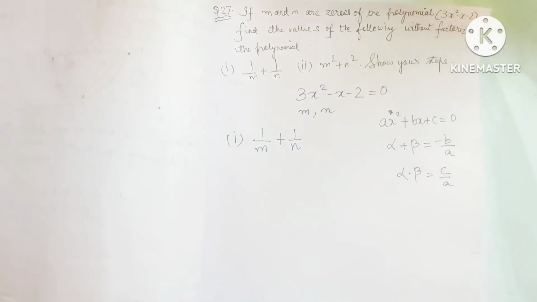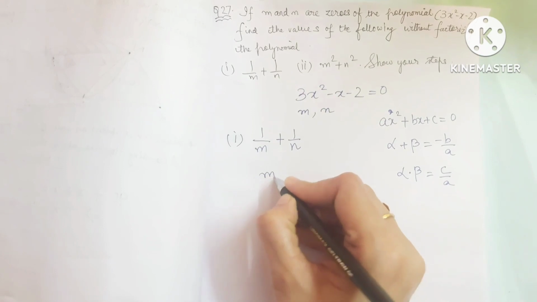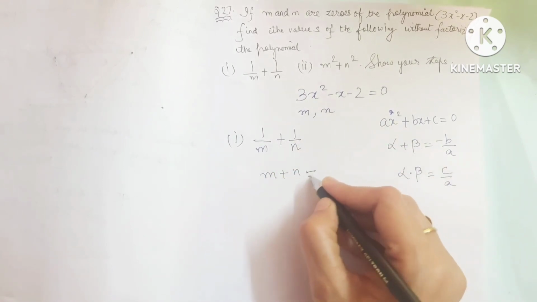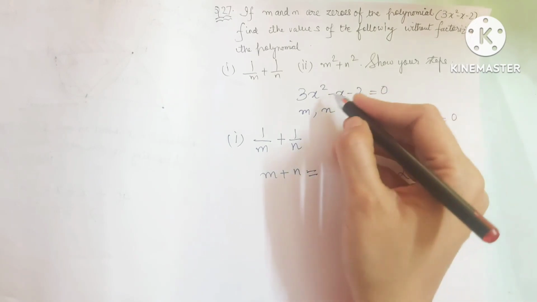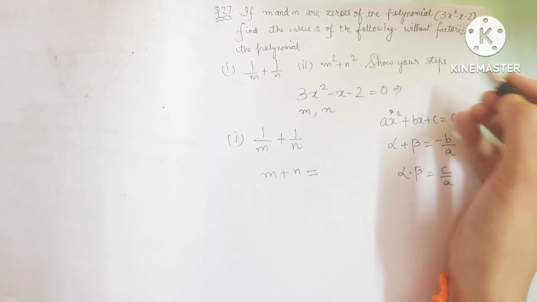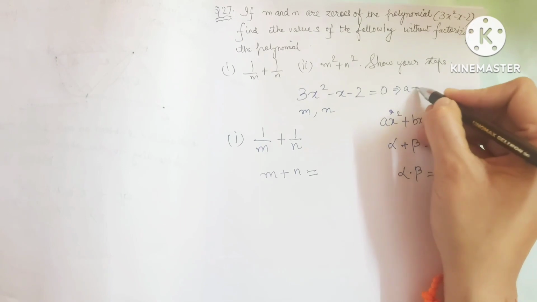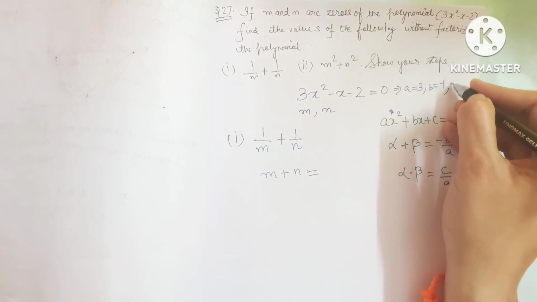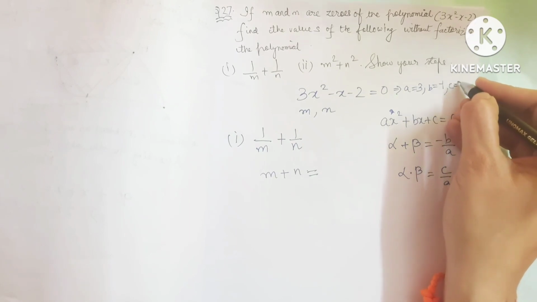So इस basis पे मुझे यहाँ पर m plus n पहले मैं देख लूँ कितना है. Roots तो ये दिया गया है m and n. तो m plus n कितना होगा? यहाँ पर a का value कितना है? a value is 3, b का value -1 और c का value कितना है? -2.